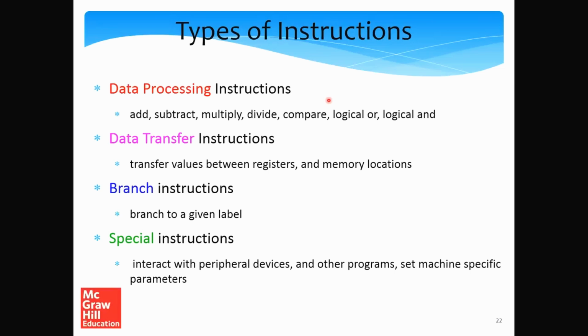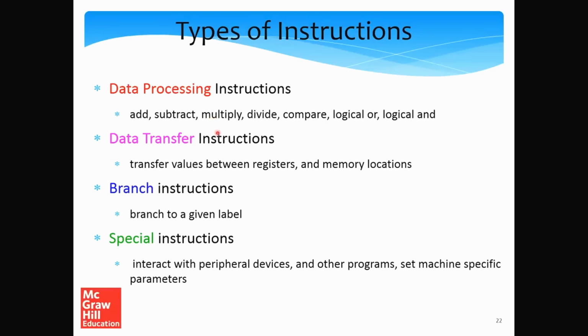Also, they can be used to compare two numbers and store the result somewhere else. We'll discuss where that somewhere else is. Also, they do Boolean operations between the values stored in registers, namely a logical or, a logical and, or a logical not. So these are all Boolean operations that can be done by this family of instructions called data processing instructions.